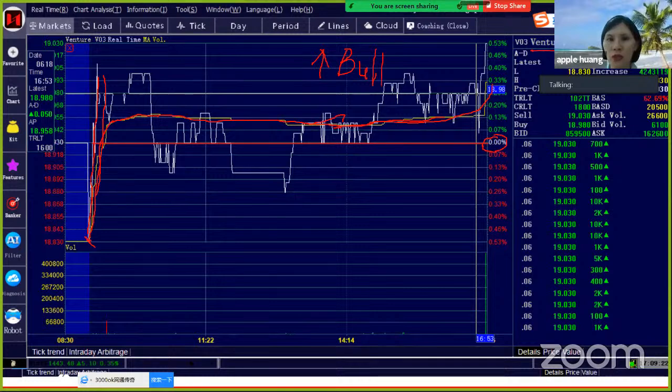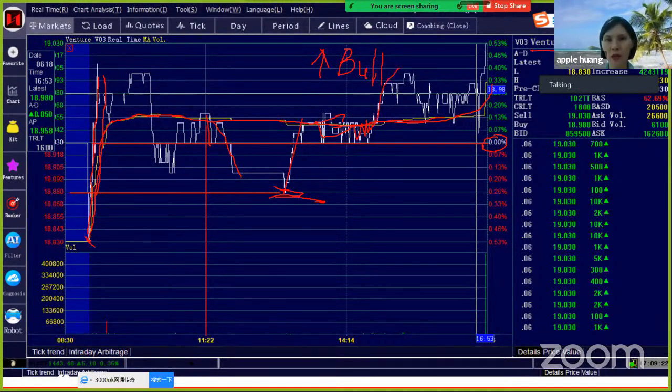So it's bullish. Although from the chart here at about 11, the price goes down, the lowest price is $18.80. Once it reached $18.80, it rebounded up, and then it moved around the average trading price.